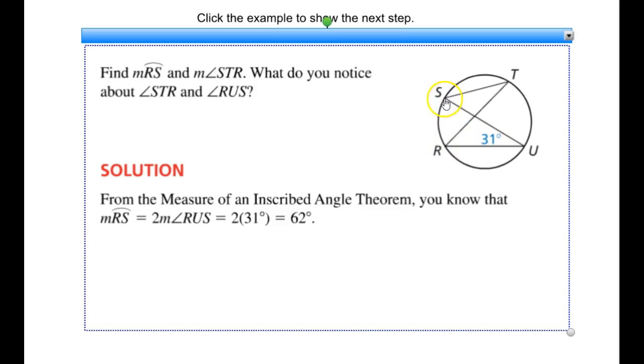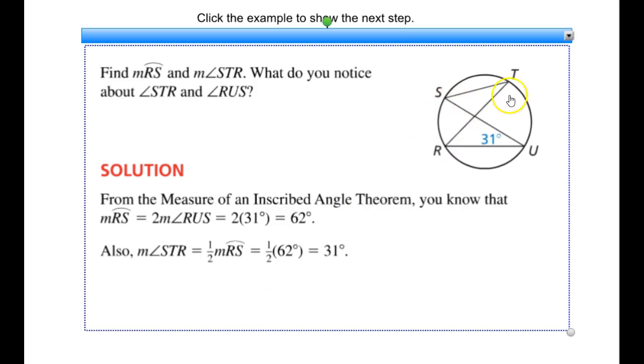I see that it has an angle that cuts it, and that angle's vertex is at U, and that angle measurement is 31 degrees. So I know, based on my inscribed angle theorem, that the arc is twice the size of the angle. So I can just multiply that by 2 and get 62 degrees. That gives me the measure of arc SR.